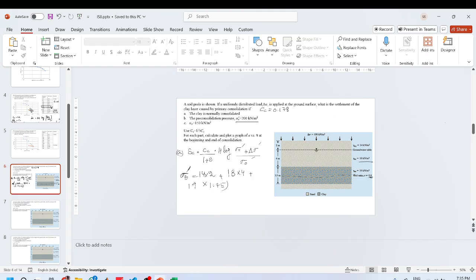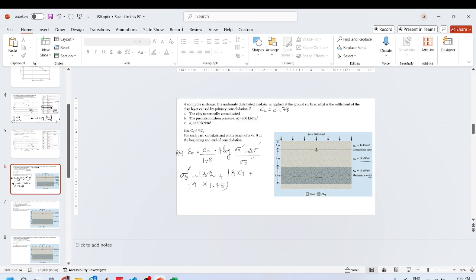We can't take the total stress, that is not in the formula, because we're not talking about the stress that is being carried by the water. If your stress is carried by water, you will not see the deformation.